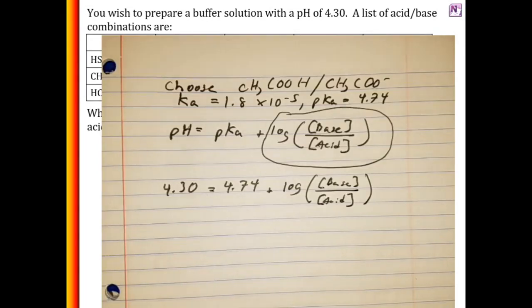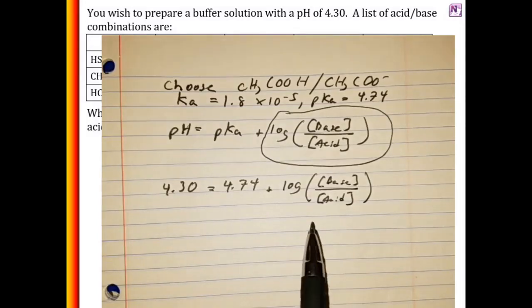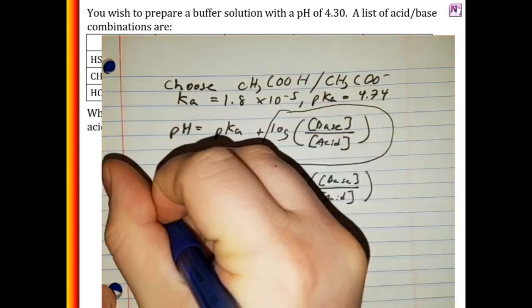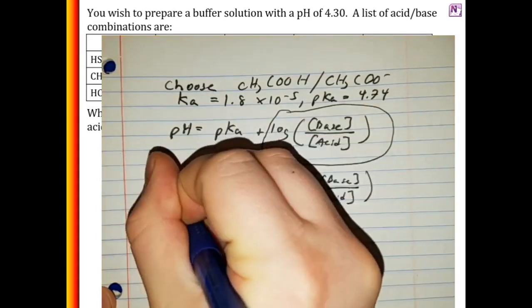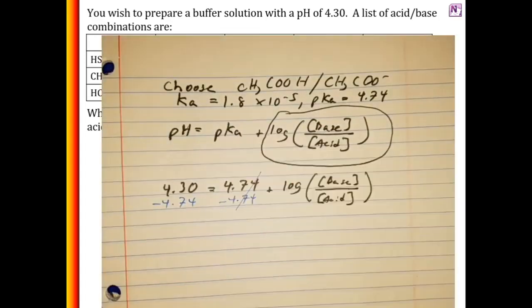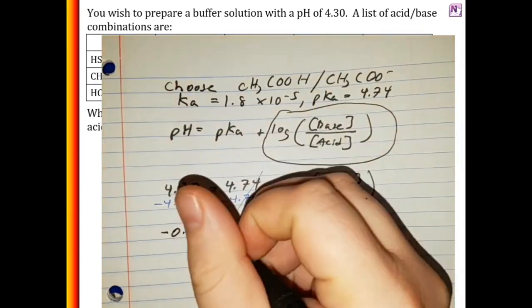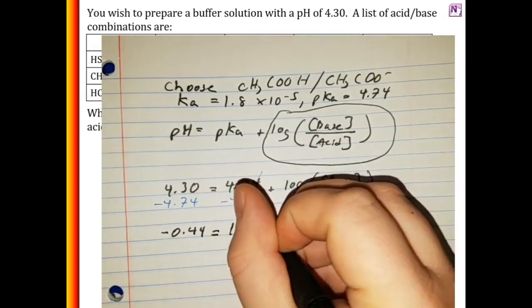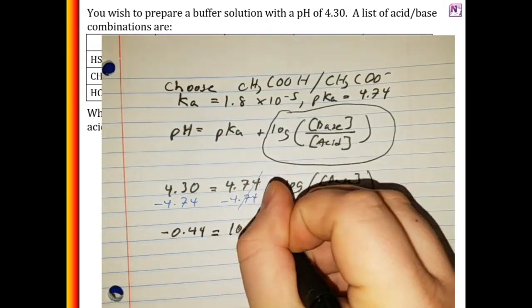The first thing we want to do is subtract 4.74 from both sides, so this will go away. Now we're left with minus 0.44 is equal to the log of our base concentration over our acid concentration.